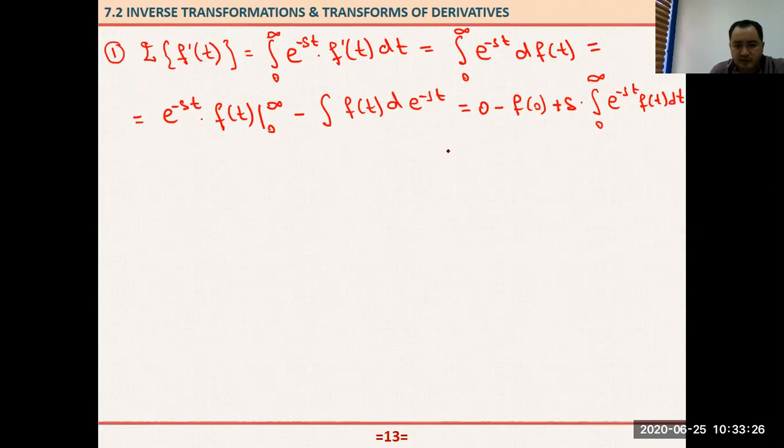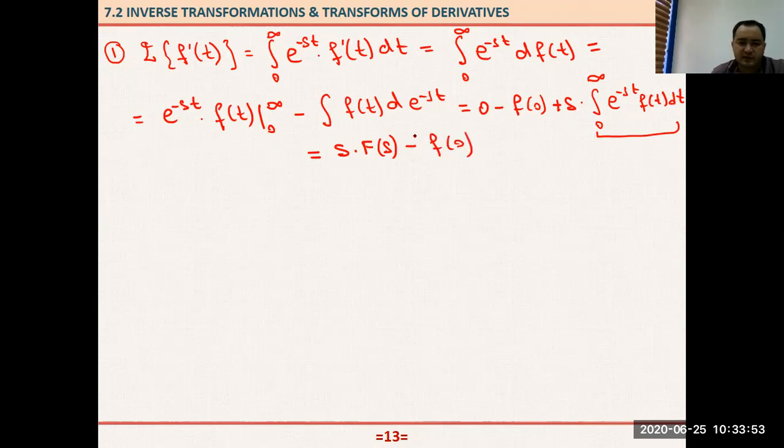What we get equals minus f of 0, plus s times, what is this thing? It is just the Laplace transform of this function, and that is capital F of s. This is how we denote it, right? And here we have negative f of 0.